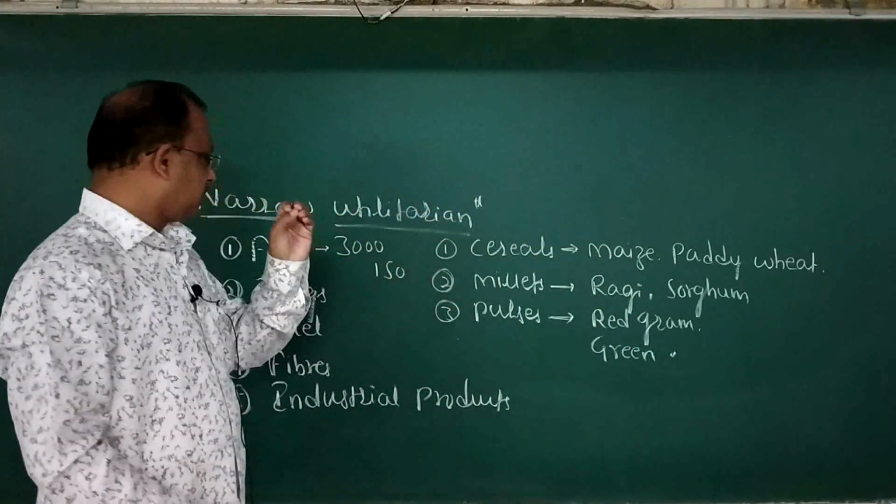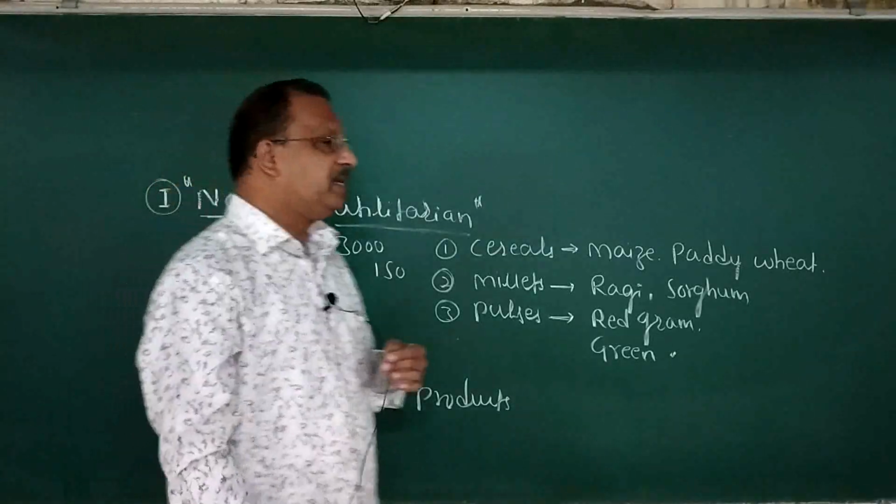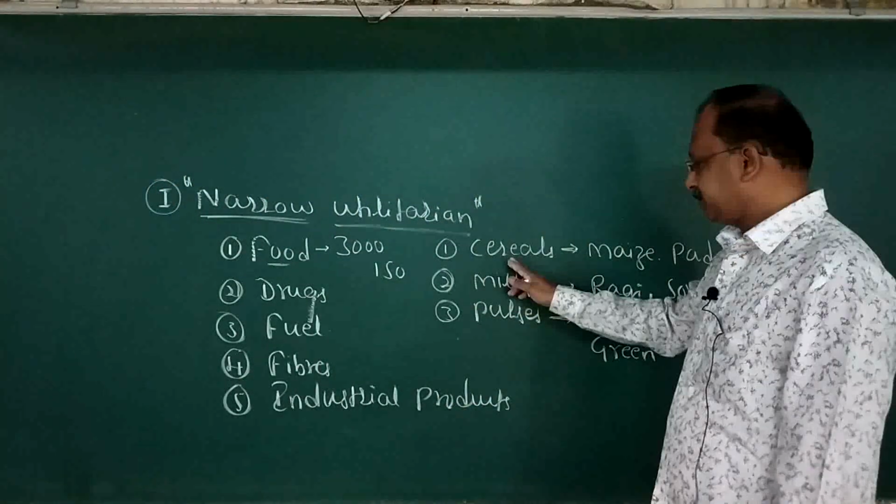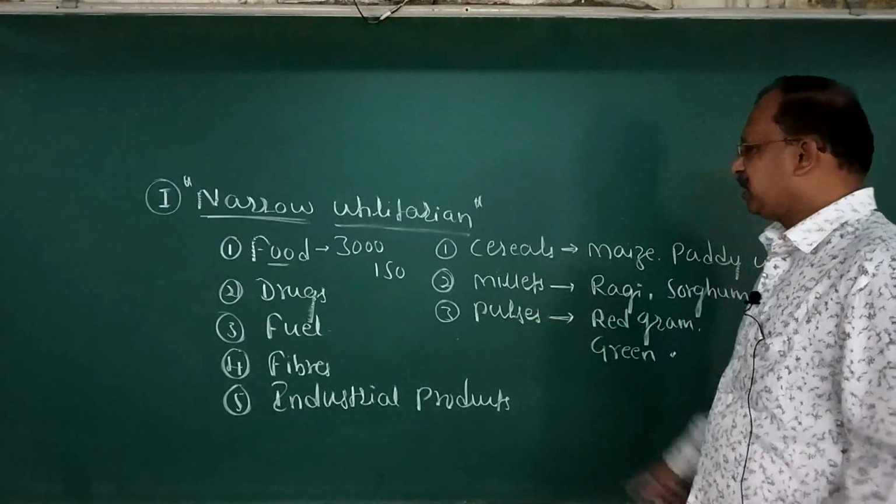So, traditional crops harvested in India include cereals, millets and pulses.